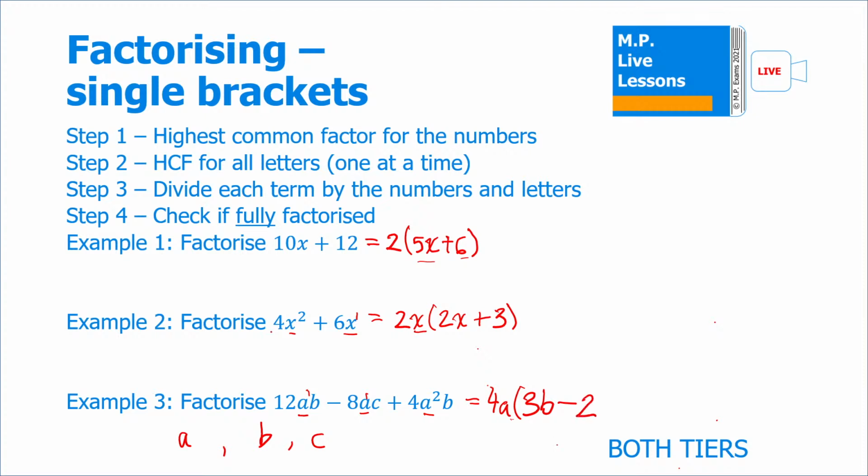A divided by A is just 1. There's nothing to divide C by, so just C here. And then 4 divided by 4 is 1, so we don't write anything yet. And A squared divided by A is just A. And the B isn't divided by anything, so just the B is left as it is.